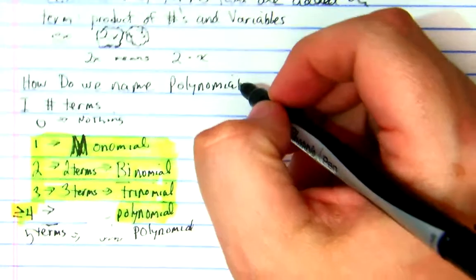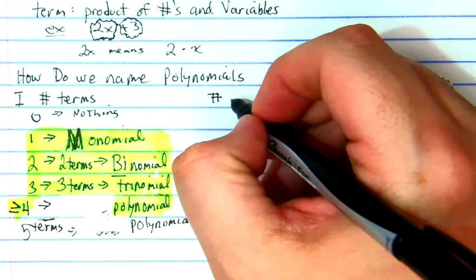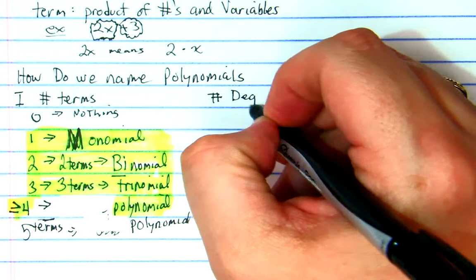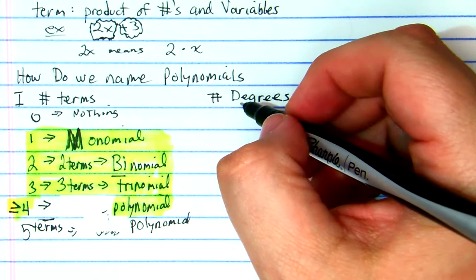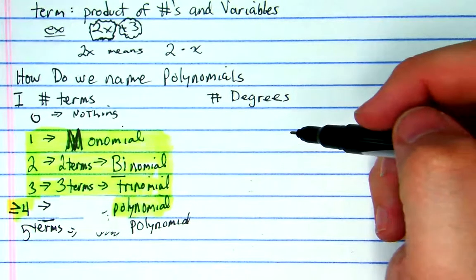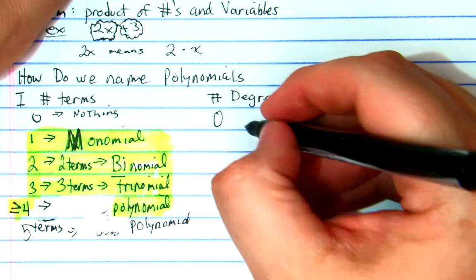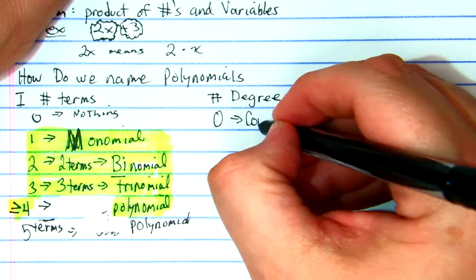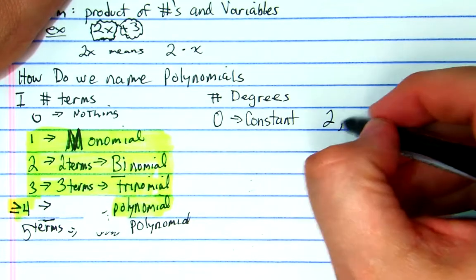Now, we can also name polynomials by the degree. If you don't remember how to find degrees, go back to the video about finding the degree. If the degree is 0, it's called a constant. It's just a number, like 2 or 7 or -3.